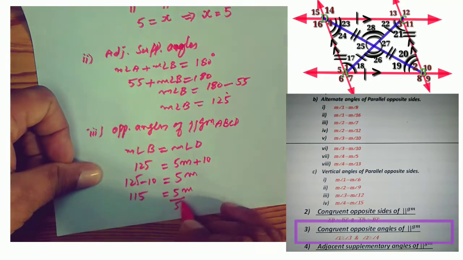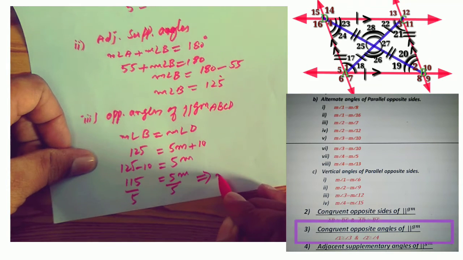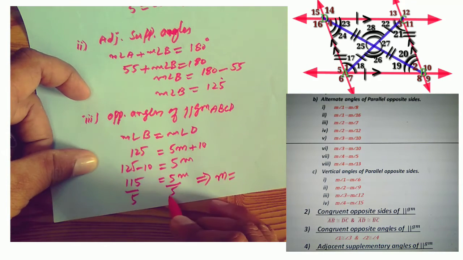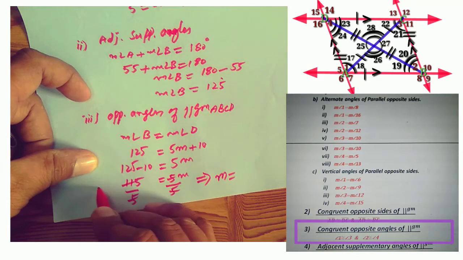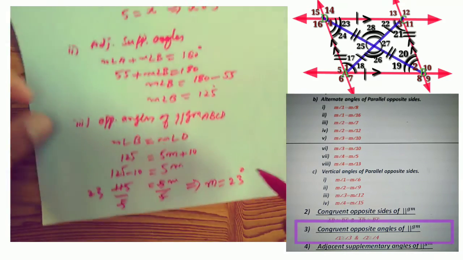Dividing both sides by 5, the value of m becomes 23 degrees, which is the required result.